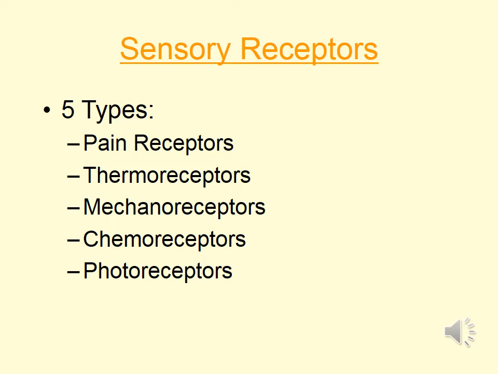So we sense pain in order to protect ourselves. Thermo, think about thermometer, that's for temperature. Mechano is for pressure and things like that. Chemoreceptors sense chemicals in the environment, and photoreceptors, like photons, what makes up light. So photoreceptors are for light reception.